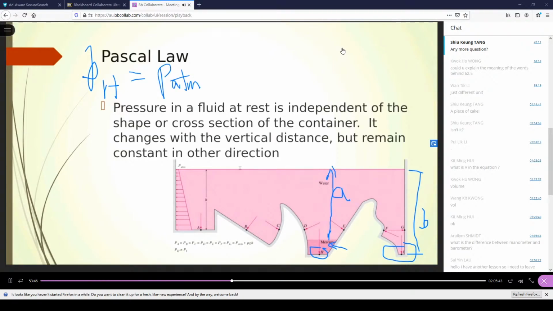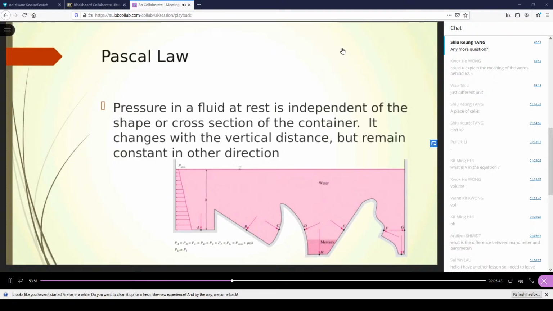Let's deal with the pressure at I first. Pressure at I equals, by the hydrostatic equation, rho g B. We say this is B, and this is A.